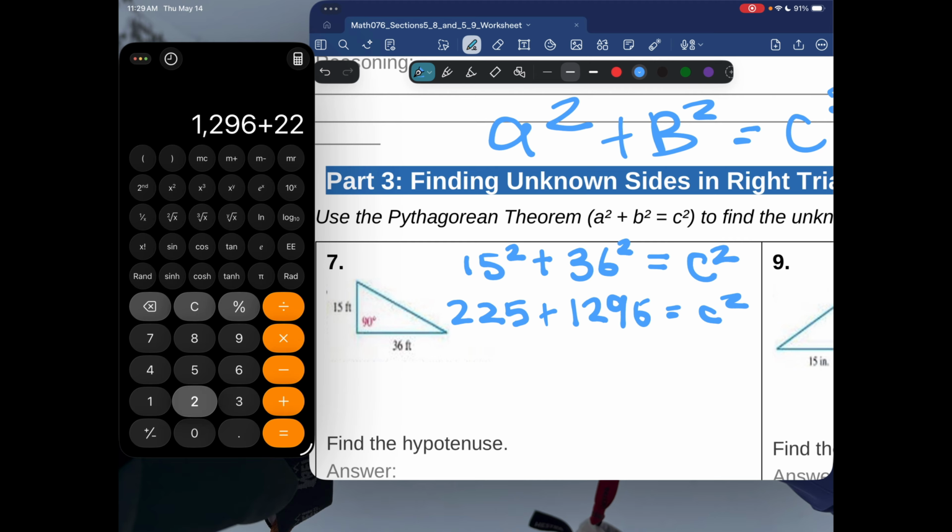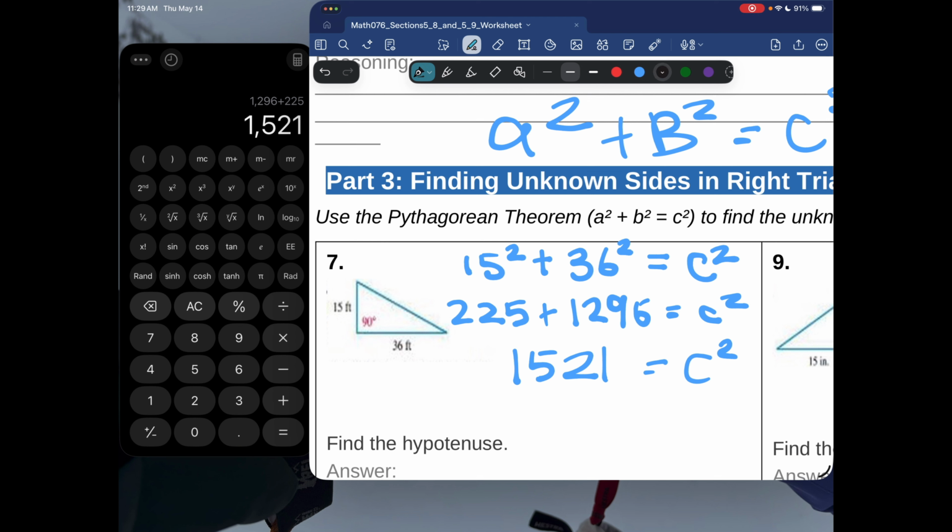Okay, so now I've got to add these up. 1,296 plus 225 gives me 1,521 equals C squared. Now I want to find C all by itself. So before, when we tried to solve things, we do everything to the same side. If I want to do the opposite of squared, because I know that square root undoes squared like we did above, I'm going to take the square root of both sides.